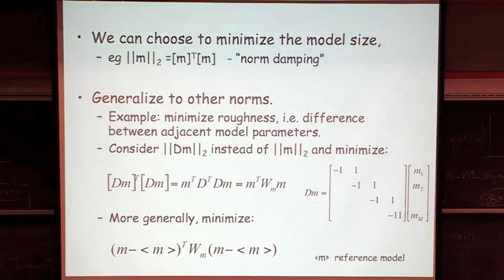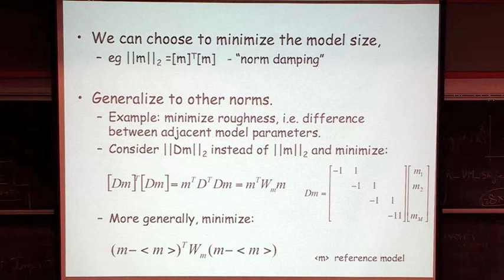So you introduce something in here that can be the diagonal matrix if you're doing norm damping, can be your first derivatives, or it could be second derivatives, roughness, etc. More generally, you can minimize this quantity, which has this weighting matrix that you have defined, and on both sides you also have a reference model, right? A model that you want to stay close to.